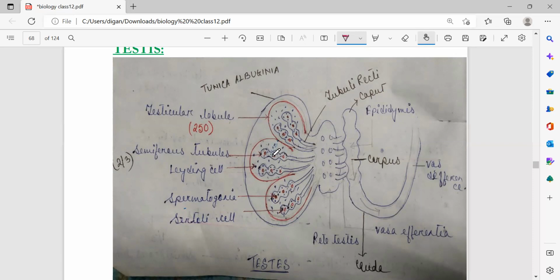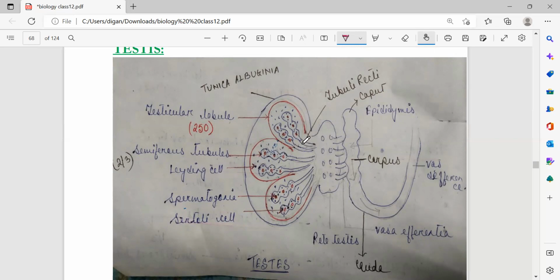Within the seminiferous tubules, there are two types of cell. One is called spermatogonia. These red ones are known as spermatogonia, whereas the other cells, these blue cells within the seminiferous tubules, are known as Sertoli cells. Within the testicular lobule, outside the seminiferous tubules, there are some cells which are known as Leydig cells.